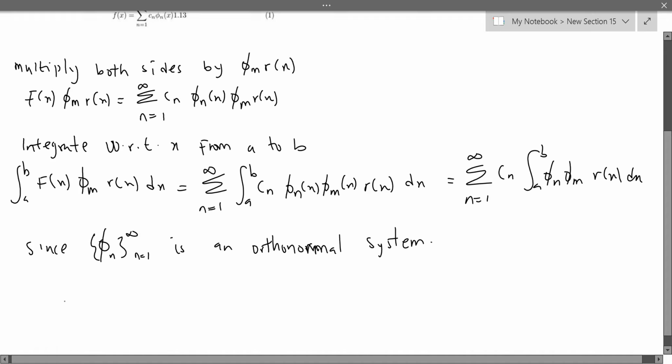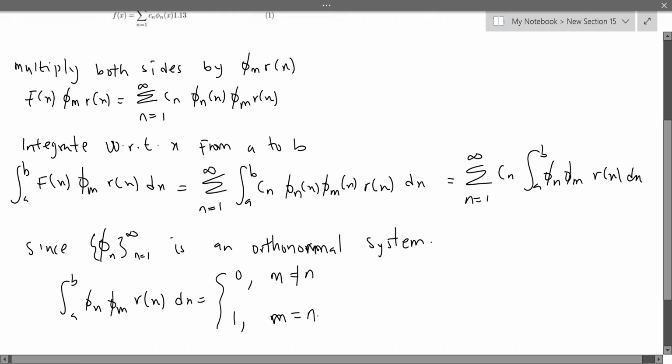It means that this integral, from a to b of phi n phi m r of x dx, is equal to 0 when n is not equal to m, and is equal to 1 when m is equal to n.